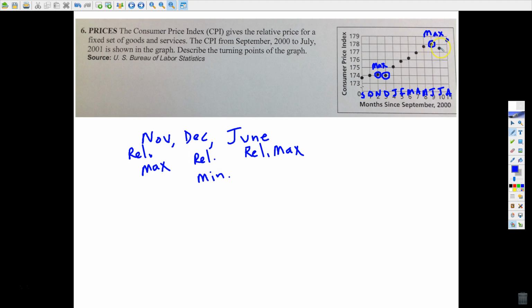We're going to go down, and then go up from that point. But if you can just identify more or less the months where we change direction in the graph, to me that's the most important part of this. Watching this video, you should be able to tell me that we have 2 relative maximums and then 1 relative minimum.